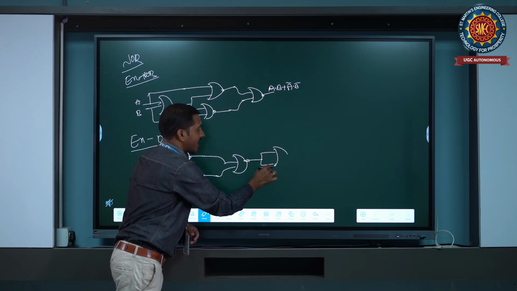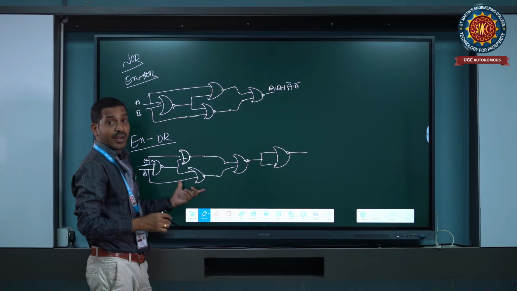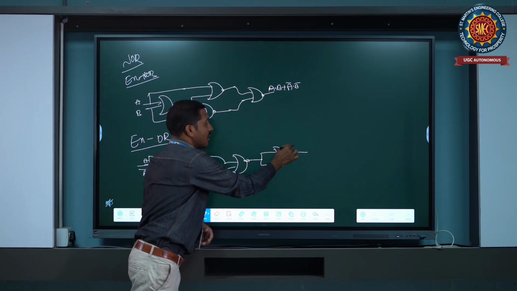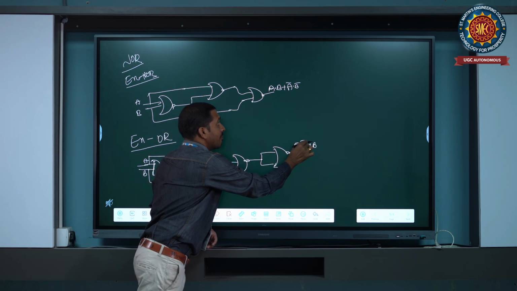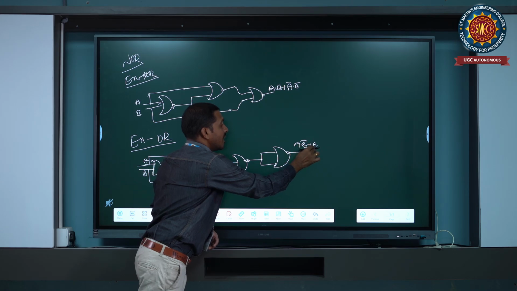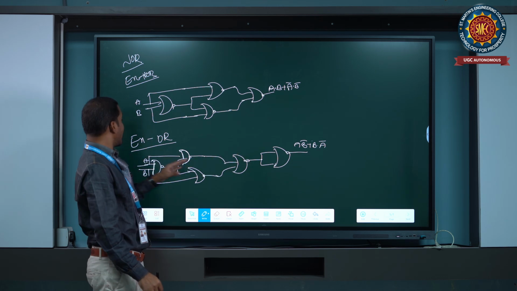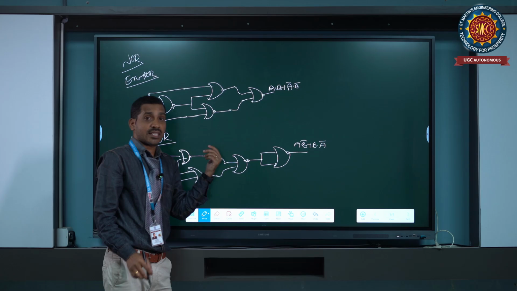This is using 5 NOR gates, realizing the XOR gate. So the final output is A dot B bar plus B dot A bar. This is the realization of the XOR gate using 5 NOR gates.